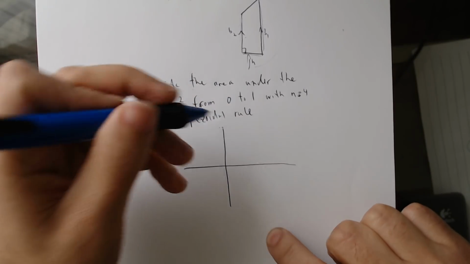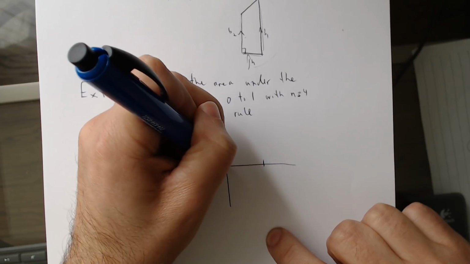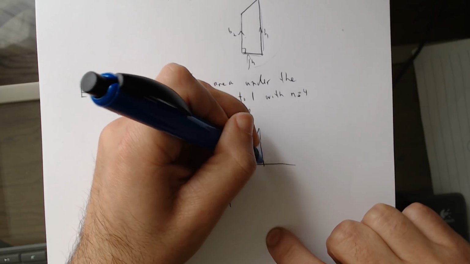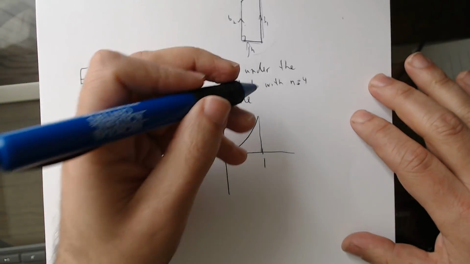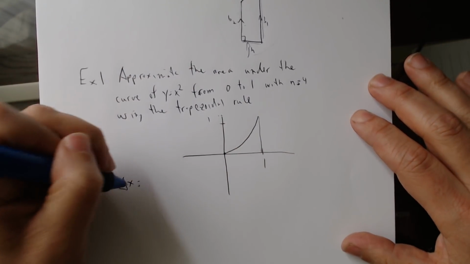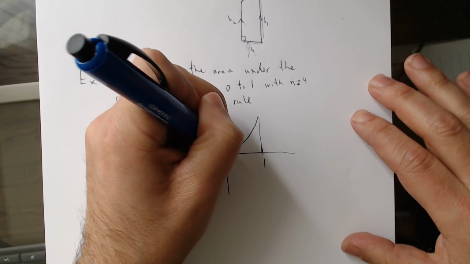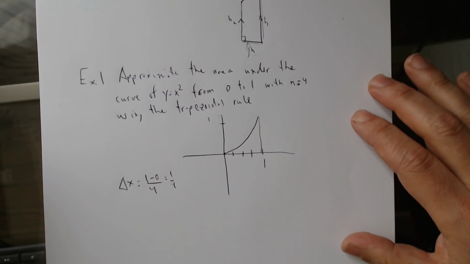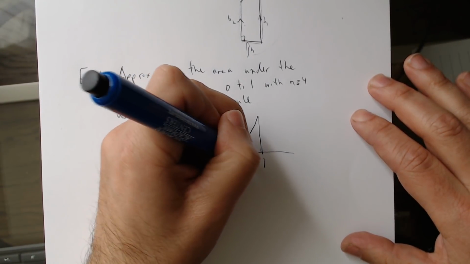And so real quick, here's how this is going to look. We know that the graph from 0 to 1 of x squared looks like this. And so what's the first thing we're going to do? We're going to have to divide this into 4 parts. And so delta x is (1 minus 0) over 4, which is 1/4. So if I divide this up into 4 equal subintervals, that would be 1/4, 1/2, 3/4.